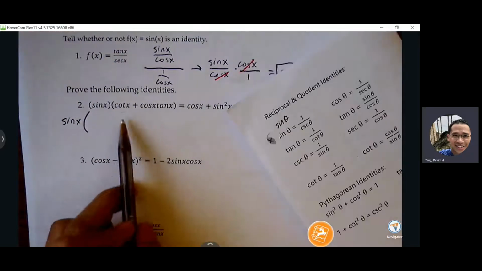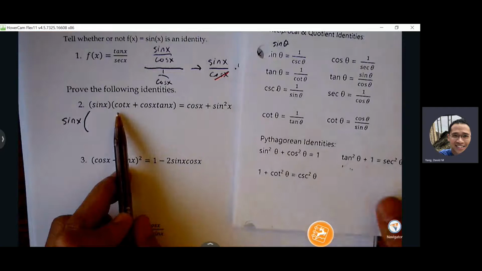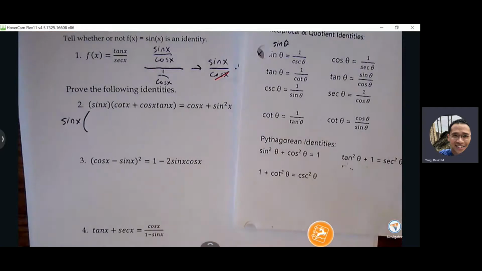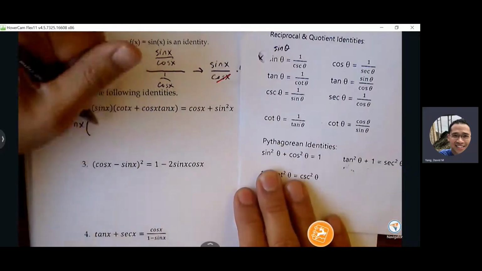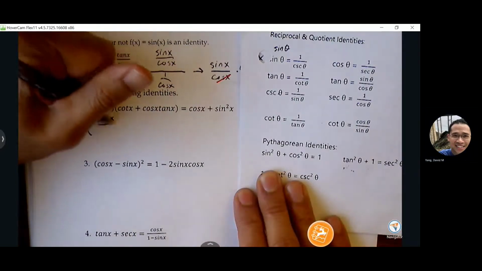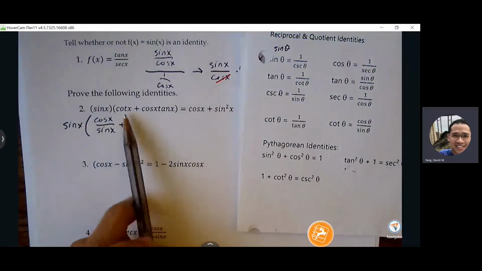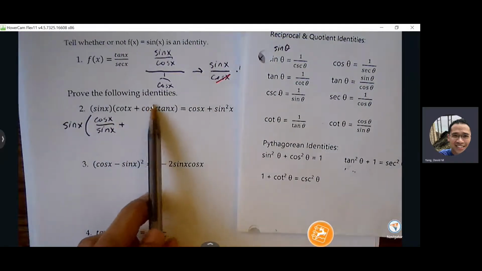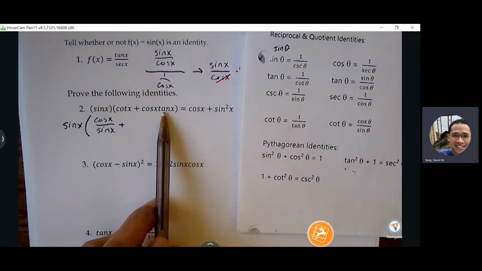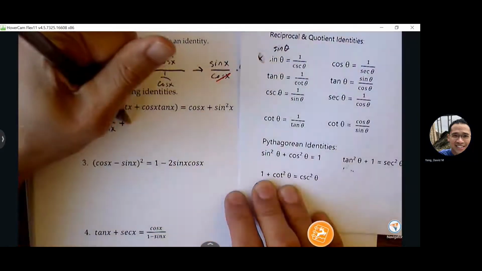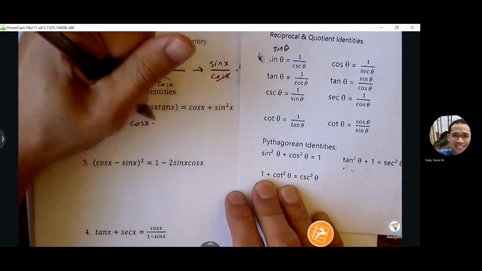I'm going to start converting each of these terms inside. So cotangent is cosine over sine. Okay, so I'm just converting that cotangent. This cosine is good to go, but what can we do with this tangent?